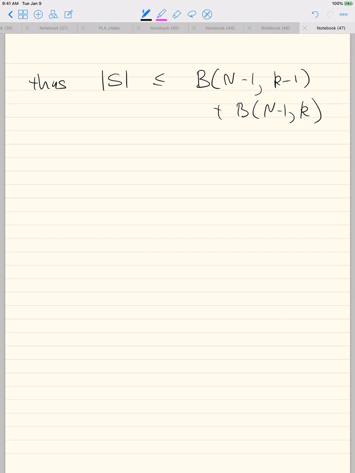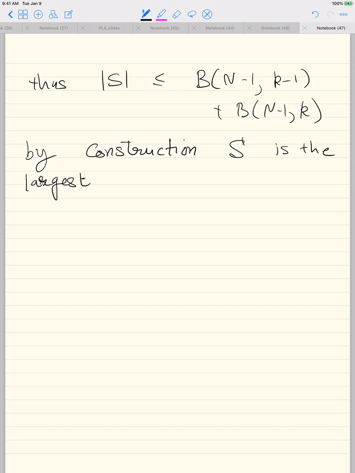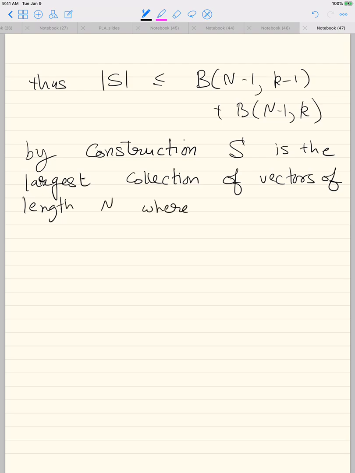Now, B of n, k was defined to be the largest collection of vectors of length n where no k points are shattered. And so by construction, S is the largest collection of vectors of length n where no k points are shattered.